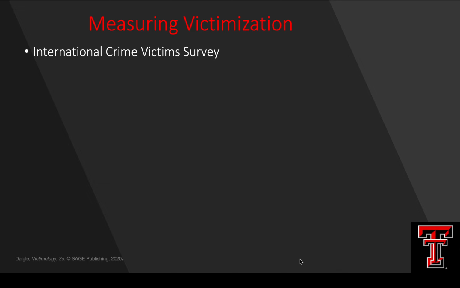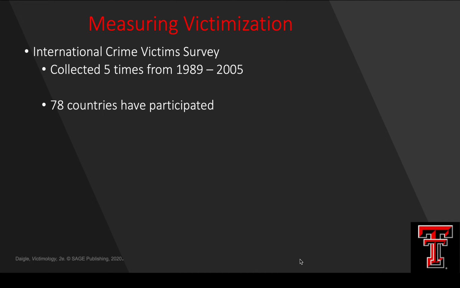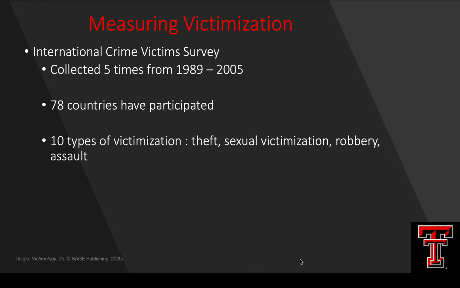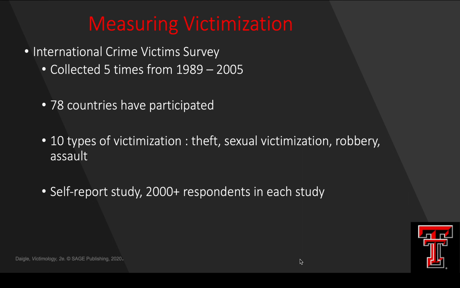The International Crime Victim Study is one of these studies that has taken place across different nations, but it's only been collected 5 times. Like I said, it's very difficult to do and very expensive, so it's not something that can feasibly be done every single year. 78 countries have participated, a good number of both developed and developing nations, and it measures 10 types of victimization: theft, sexual victimization, robbery, assault, and so on.